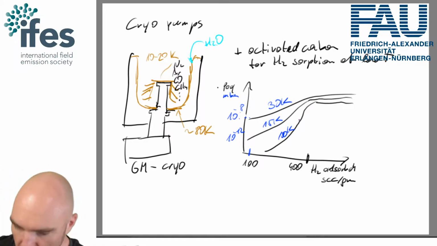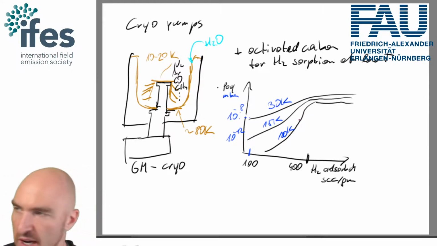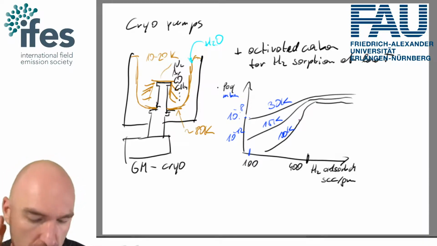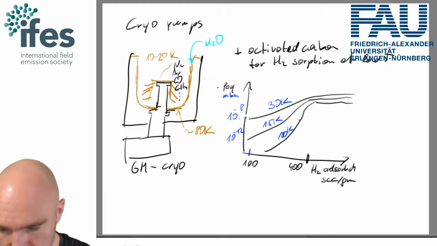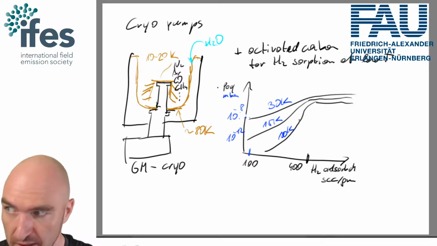And essentially what that means is that if we have not too much hydrogen ingress and we're at a low temperature, then these cryopumps can give us a really, really good pumping action also for hydrogen through the activated carbon.